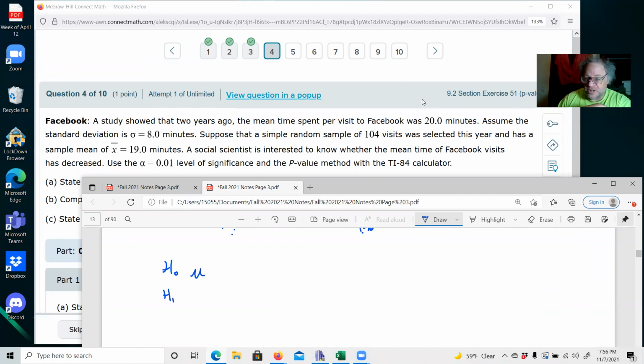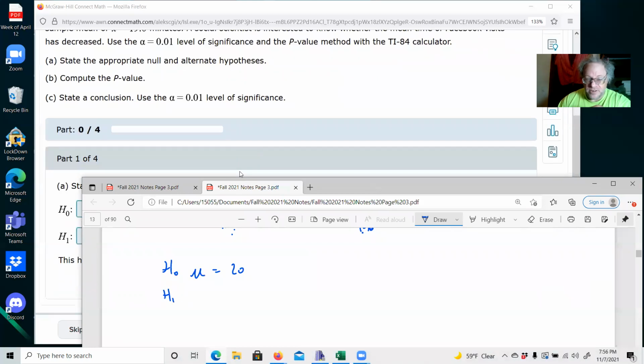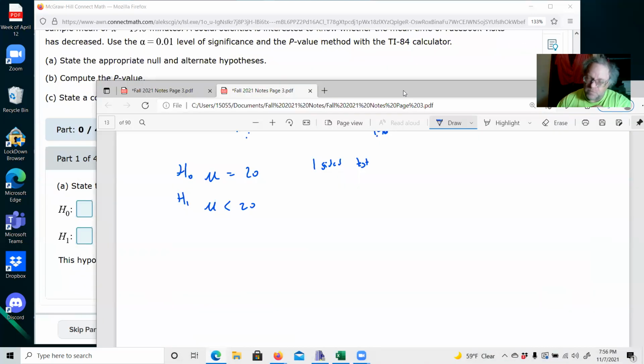We were given that 2 years ago, the average time spent was 20. This social scientist wants to know if that mean time is less than 20. Right? The time has decreased. So we're going to say mu is less than 20. So this is now a one-sided test. They tell us we want to test this at alpha equals 0.01. Okay, that's fair.